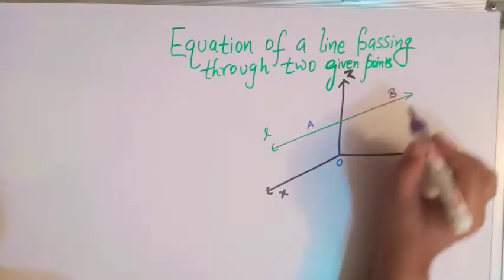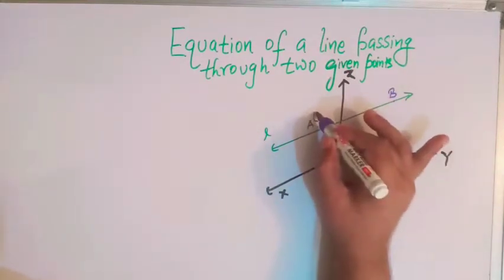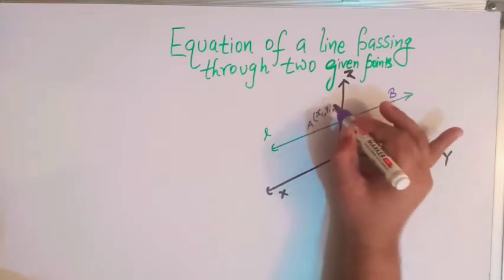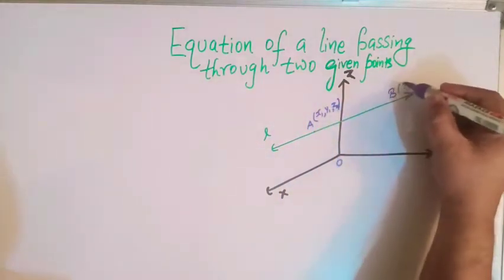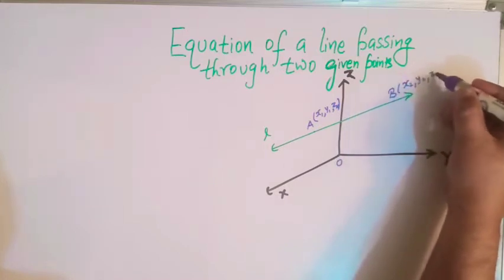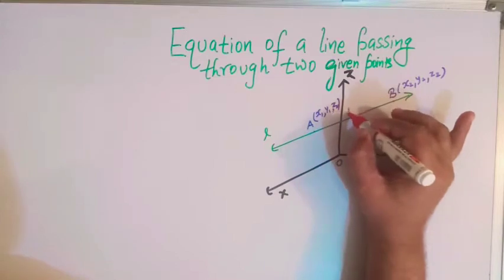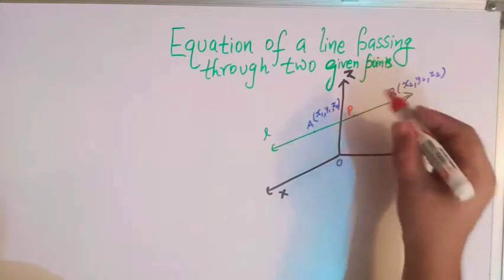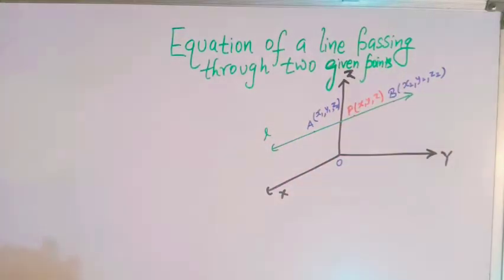So let us take A and B as 2 points which lie on this line L, and say the coordinates of these 2 points are x1, y1, z1, and here we have x2, y2, and z2, right? Now let us take an arbitrary point P on this line, a general point on the line having coordinates x, y, and z, right?